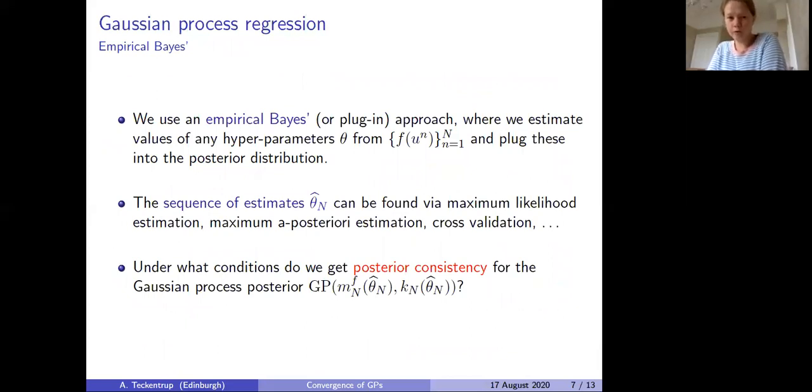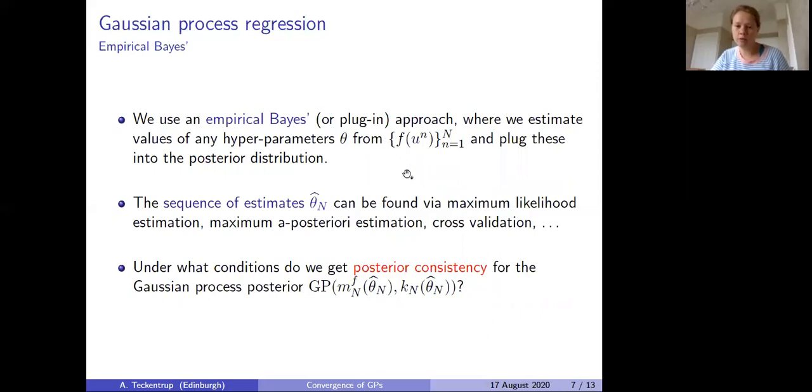You could try and do a full hierarchical approach where you integrate out these hyperparameters in the kernel, but that is usually too expensive. It's not analytically tractable and too expensive to do in practice. So we do this empirical Bayesian approach where you use the function data that you have.